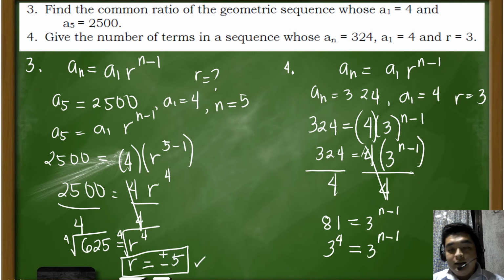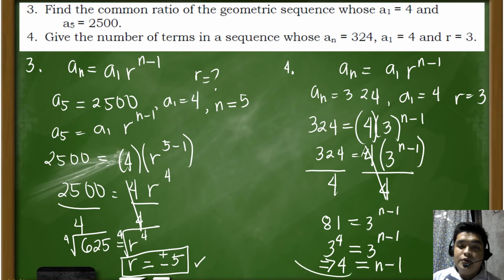So by that, we can solve for n, no? Since they have the same base, we will solve the exponent. So that is 4 equals n minus 1. The exponent is what we solve. Then we're going to transpose the negative 1.